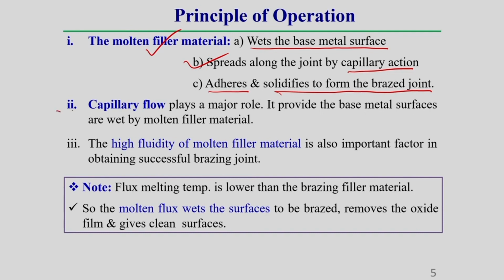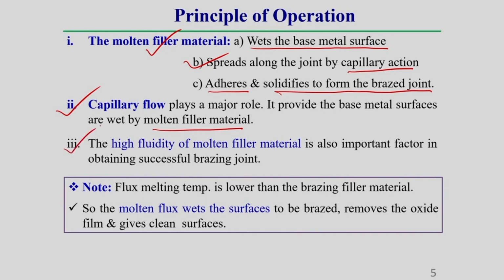Now, the second one is called capillary action. This capillary action, or capillary flow, plays a major role in the brazing process. It ensures the base metal surfaces are wetted by the molten filler material.